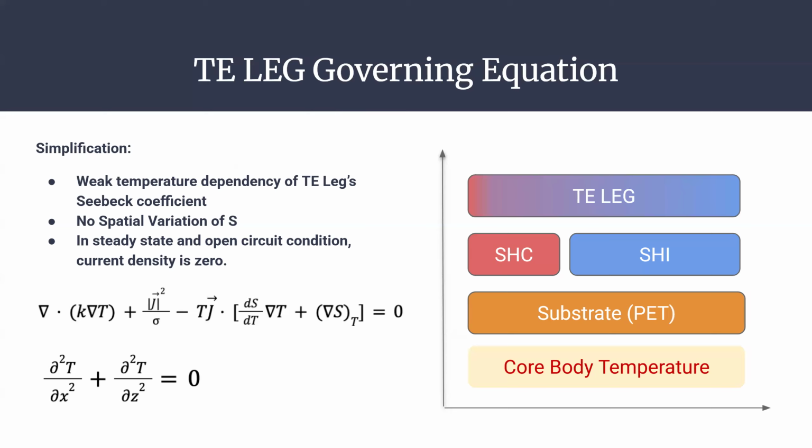And due to no spatial variations of the Seebeck coefficient, that also justifies the removal of the third term of this equation. And lastly, because we are assuming steady state and open circuit conditions, the current density is effectively zero, which allows us to remove the second term of this equation, so that we are only left with this very simplified 2D heat conduction equation that is equal to zero.